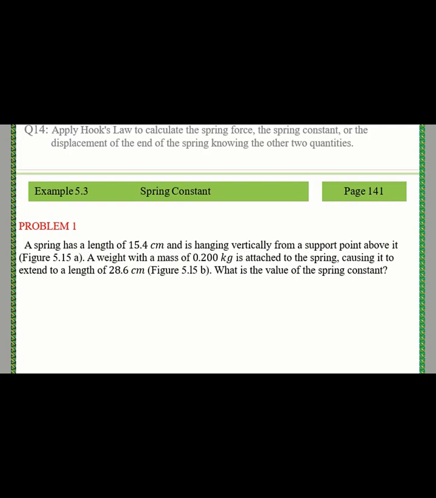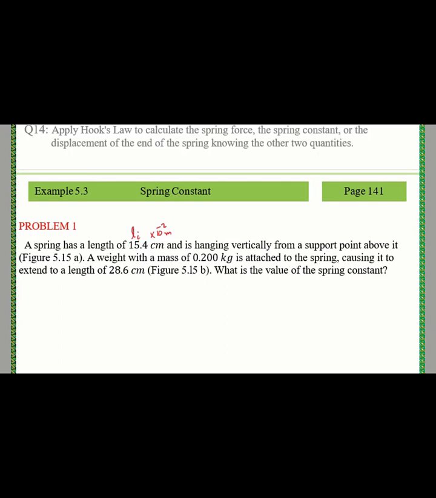Now, goal number 14. I have many questions for this goal as mentioned in the coverage. First one is about a spring. A spring has an initial length of 15.4 centimeters, which should be converted into meters by multiplying by 10 to the minus 2, and is hanging vertically from a support point above it.